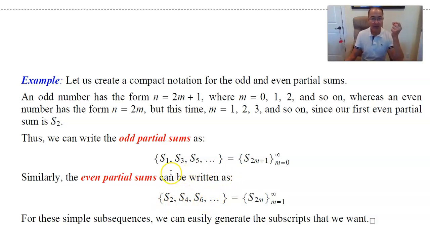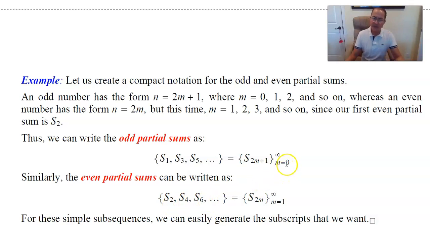How do you make an odd number? Well, you have a choice. You can be like 2m plus 1 or 2m minus 1. But if you start m at 0, then to create 1 from 0, you're going to need 2m plus 1. For the even partial sums, I started at m equals 1, and then that's going to get me 2 times 1 is 2, 2 times 2 is 4, 2 times 3 is 6, and so on.